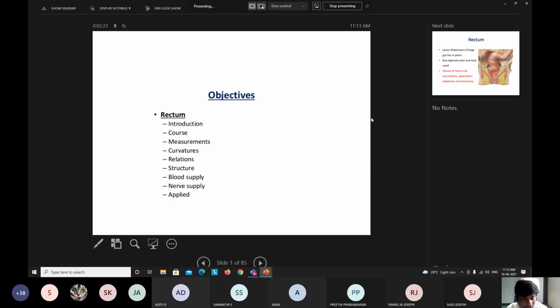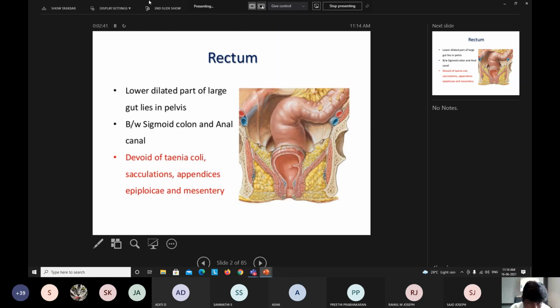I don't know, but you should be ready: what are the important morphological and anatomical features in the anal canal, you should know. Okay, so let's begin with the rectum.